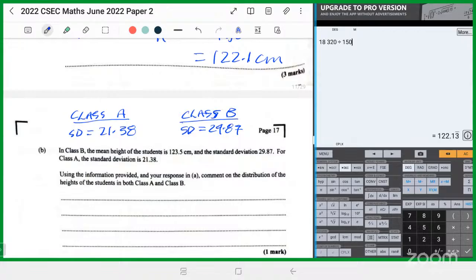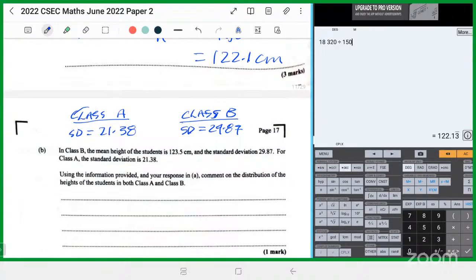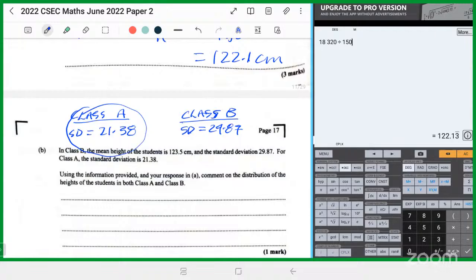Let's talk about standard deviation a little bit now. Standard deviation is a measure of how the data is spread. But importantly, it is a measure of how the data is spread from the mean. So this lower standard deviation means that for class A, the heights of the students are more closely spread from the mean height.